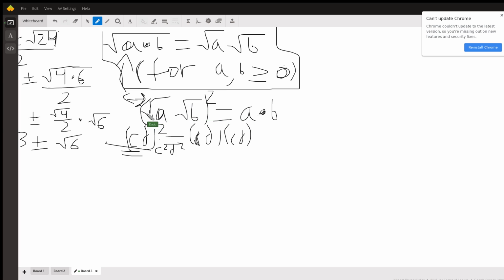The square of this product of root A and root B is going to be the product of their squares, according to this rule below. Letting C be root A and D be root B, then C squared is A and D squared is B. So we're able to derive this product rule for square roots from the product rule for squares, which just follows from associativity and commutativity.